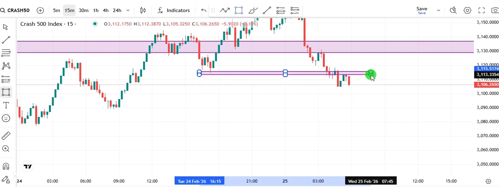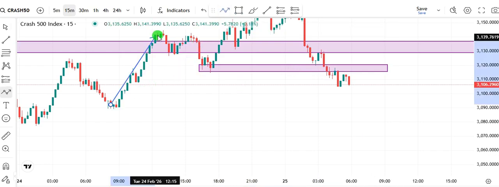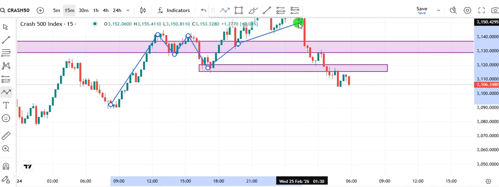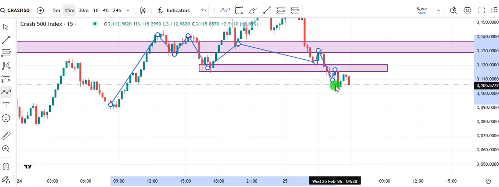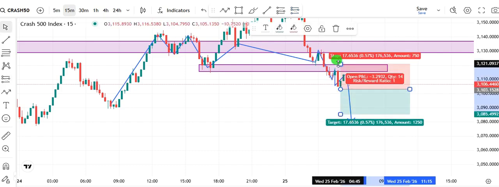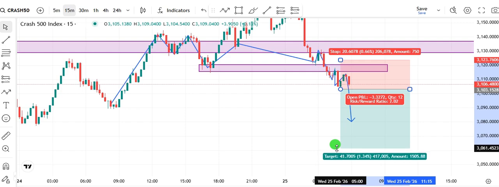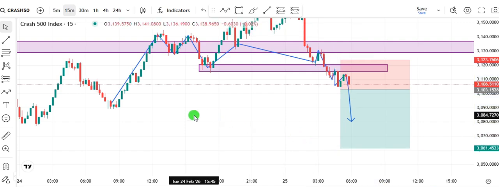The key level is actually right here, so let me use this to mark into this, then maybe breaking above. Into this level again, breaking below this. All right, good. So that means my setup is right here, over here, and this. Okay, so here's my setup for Crash 500.